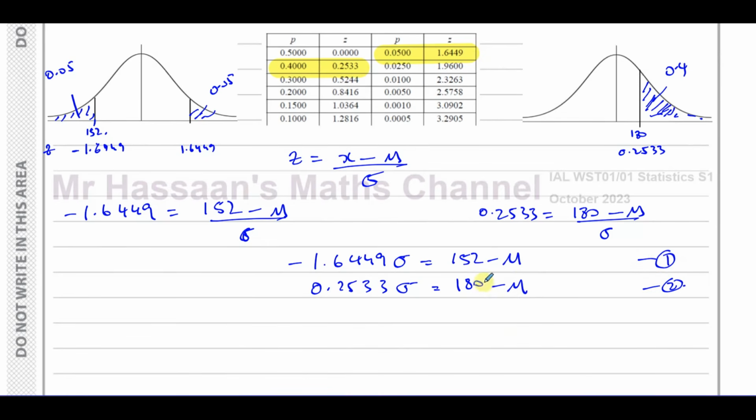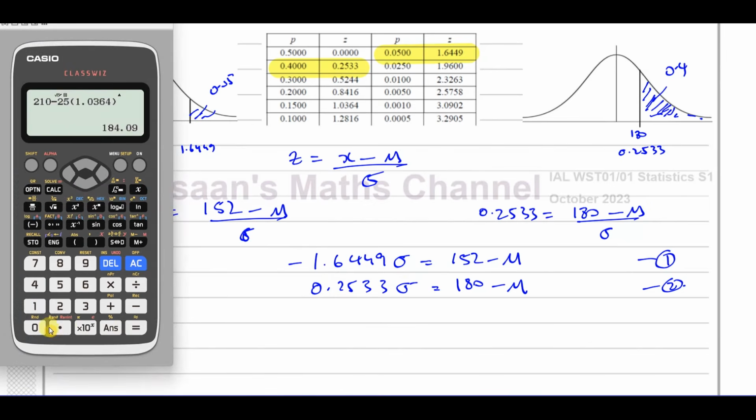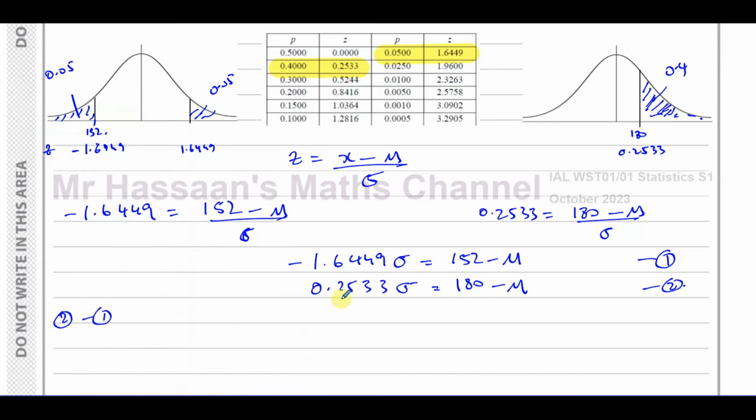If I do equation 2 minus equation 1, I'll end up with these two being added together because I have this minus that. So I have 0.2533 plus 1.6449. That gives us 1.8982 sigma. So I'm just subtracting them.